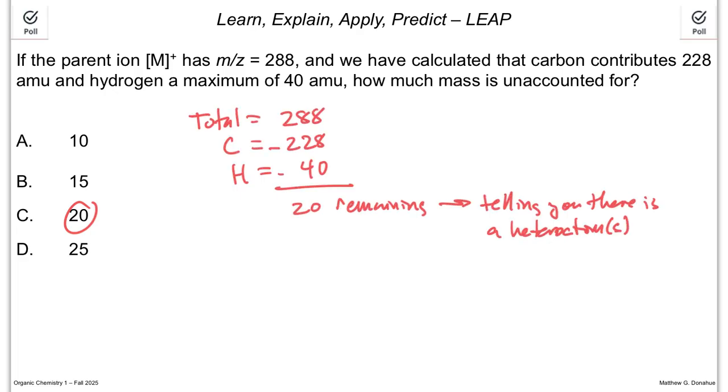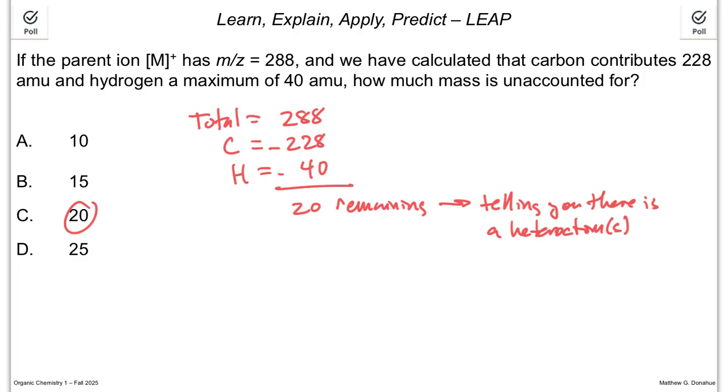So what that's telling you is we figured out from the maximum exact number of carbons, the maximum number of hydrogens, there's still some mass left over that's unaccounted for. So 20 is a weird number in the sense that it doesn't match the atomic mass of any heteroatom exactly.